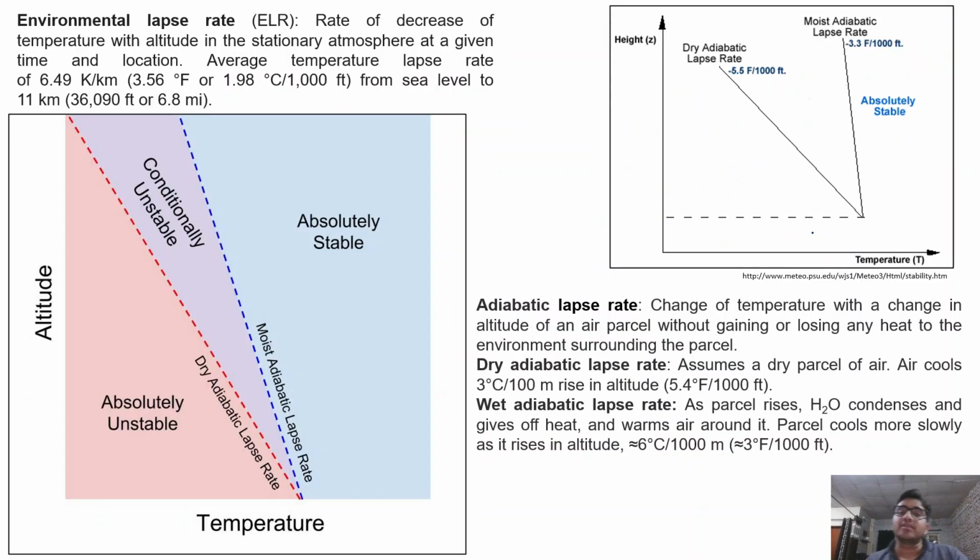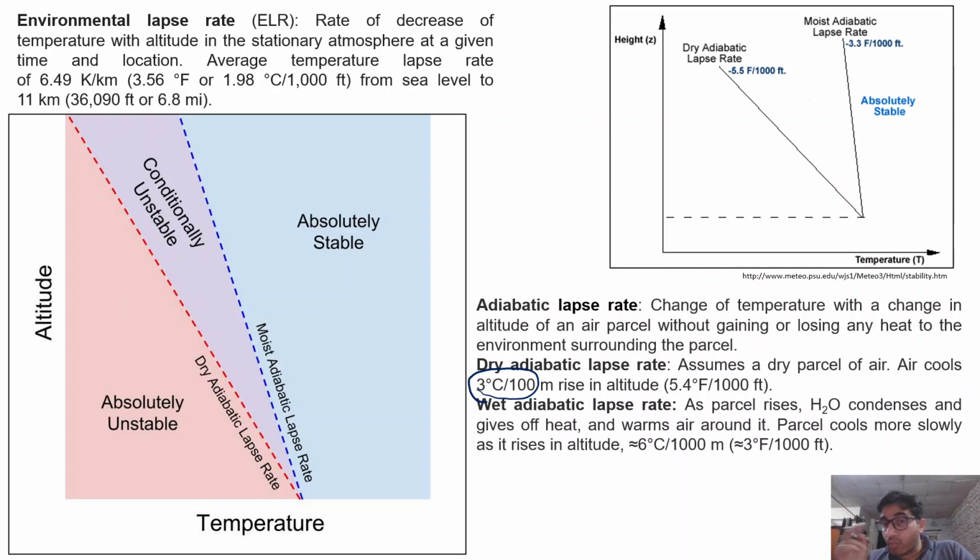So what happens here is that once a dry parcel of air, means the air which has no humidity, rises, it cools at a rate of 3 degrees Celsius per 100 meter. This is called dry adiabatic lapse rate.